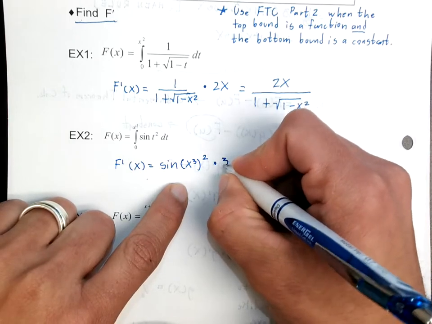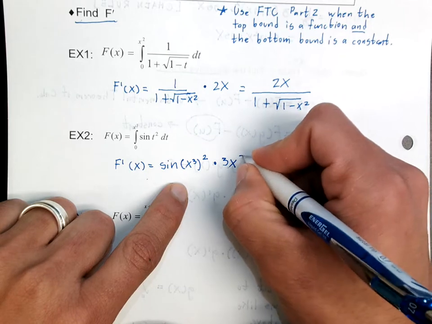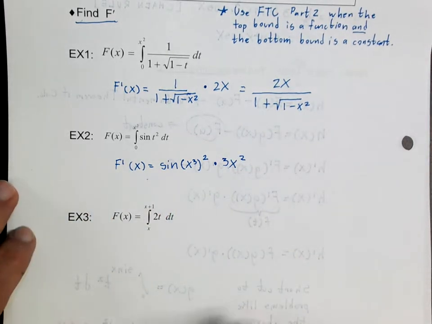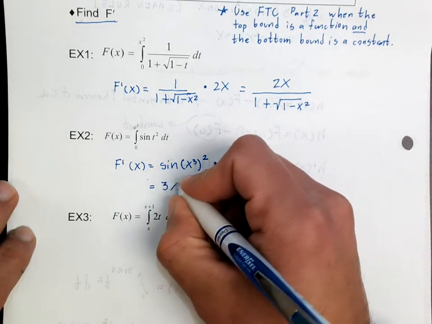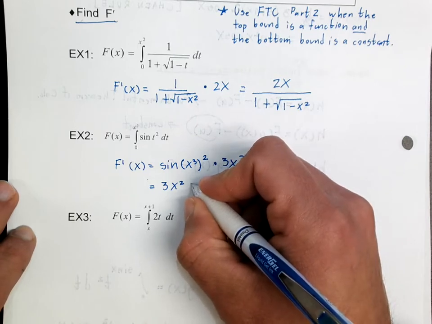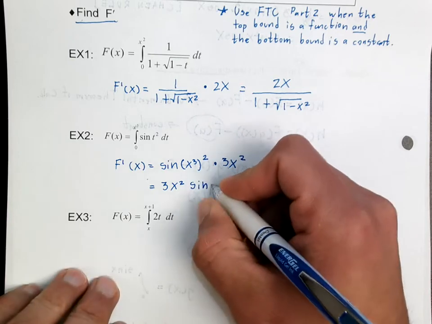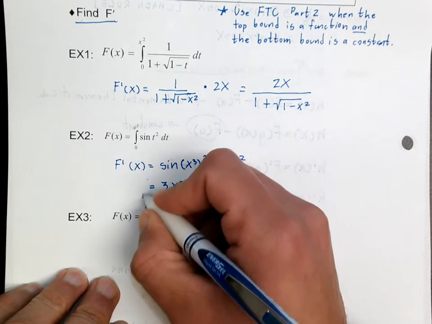Derivative of x cubed is 3x squared. Okay, so now really all I have to do is rearrange this and I'm basically done. 3x squared sine of x to the 6th power, since 3 times 2 is 6.